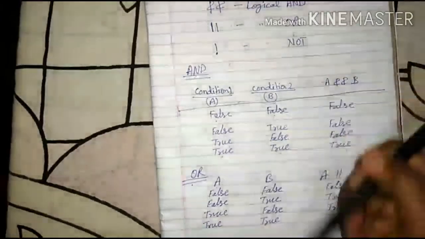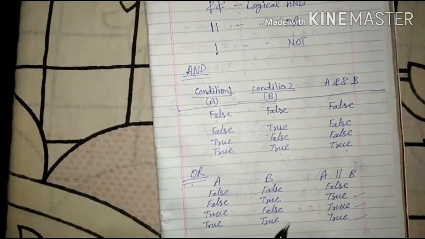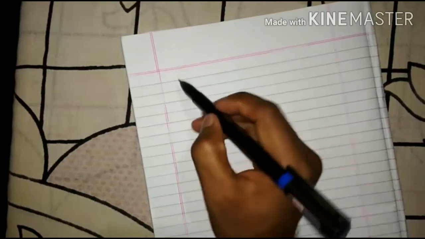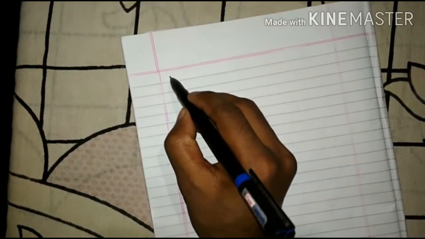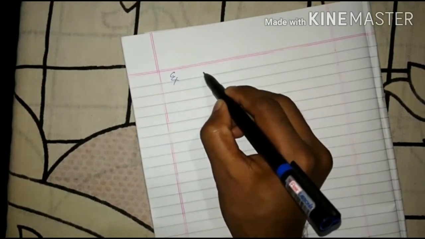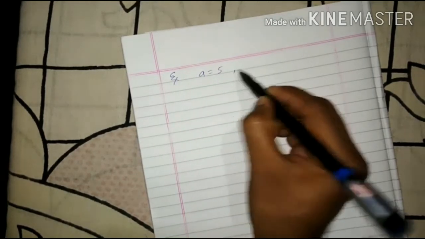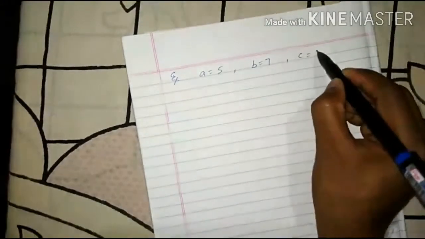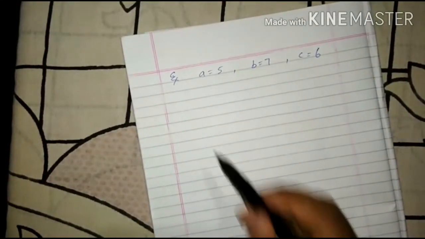How this logical operator works, let me show you using an example. Suppose I'm taking A is equal to 5, B is equal to 7, and C is equal to 6.